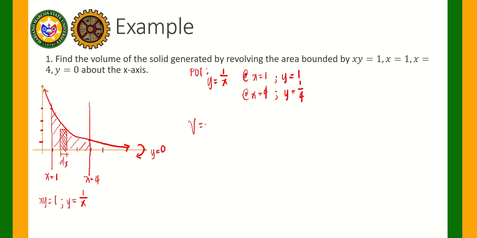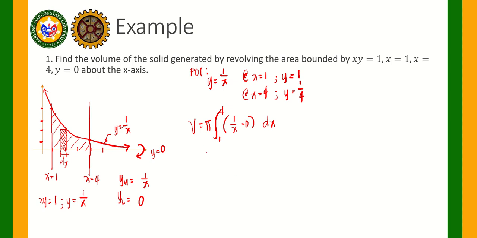So, our volume is equal to pi, the integral of what is our y upper? Our y upper is the upper function touched by our strip, which is this one, y is equal to 1 over x. So, 1 over x. Then, our y lower is equal to this one, the x-axis, which is equal to 0. So, we have y upper 1 over x minus 0 dx, limits from 1 to 4.